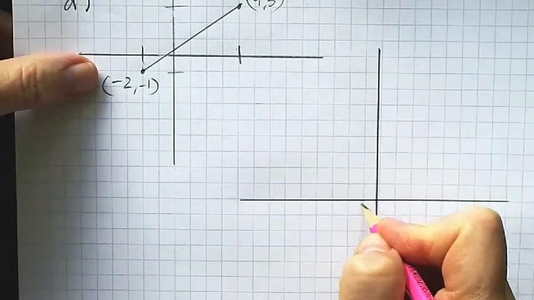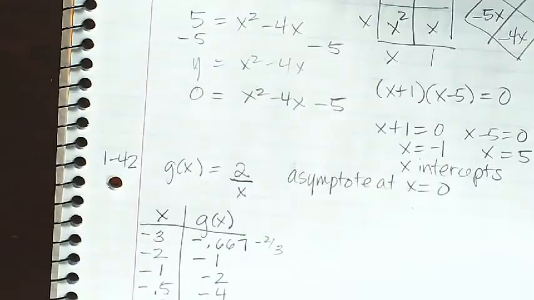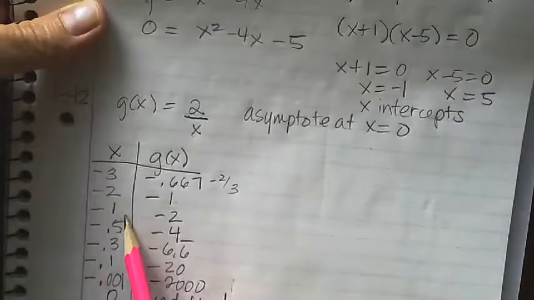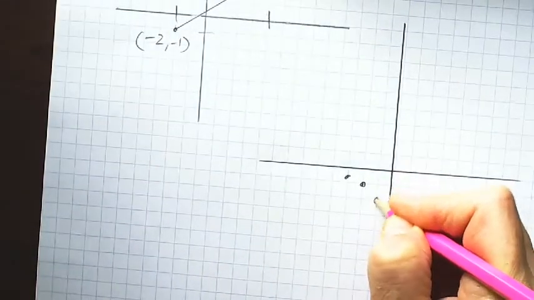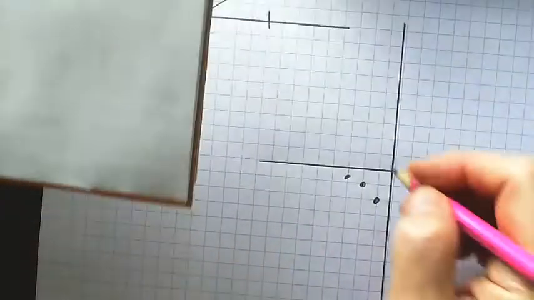So let's see, -3 is -2/3. -2 is -1. -1 is -2. -0.5 is -4.